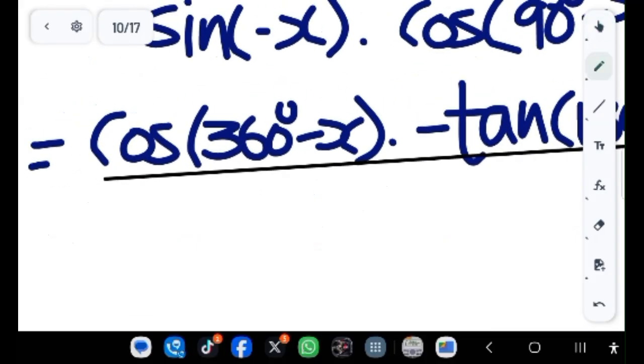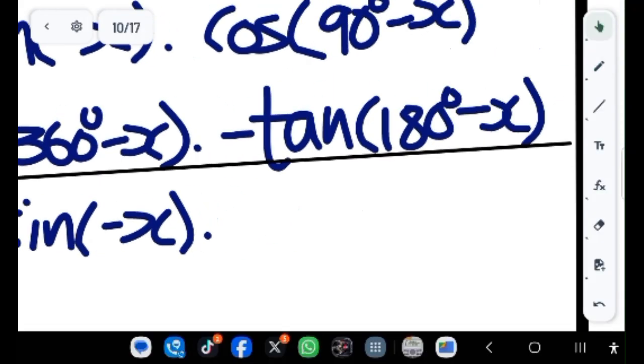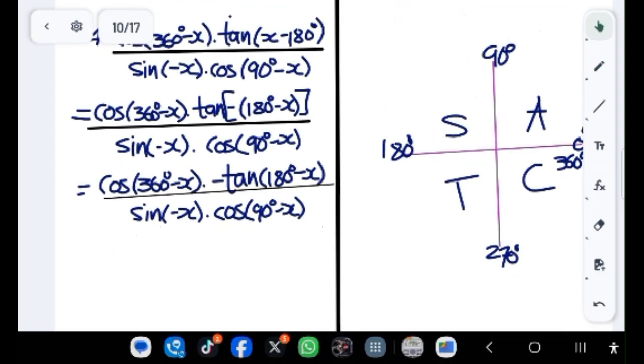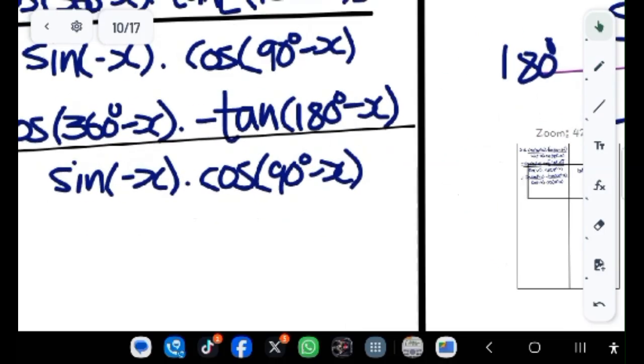Sine of negative x, it doesn't have to be this long, like I said, cos of 90 degrees minus x. All right, so we've got there.